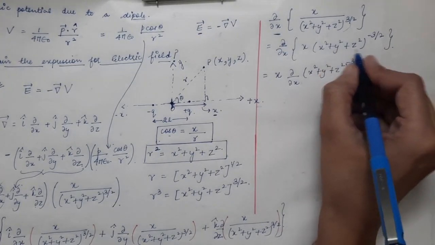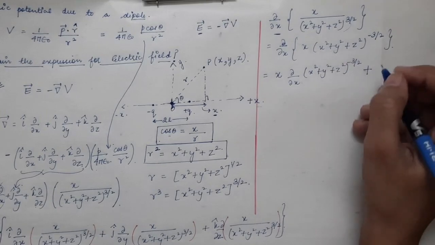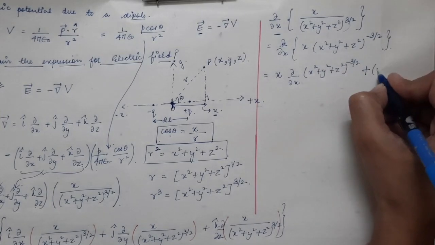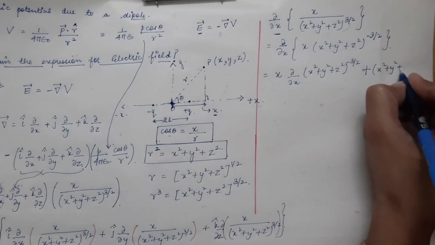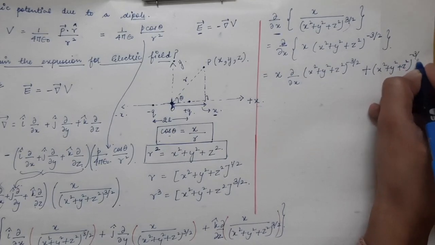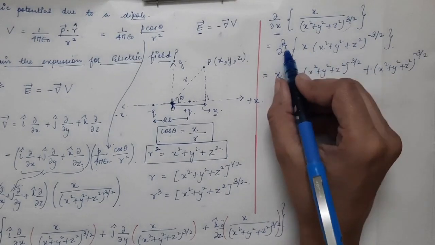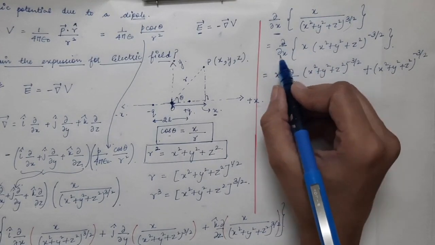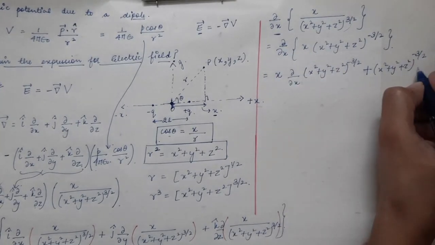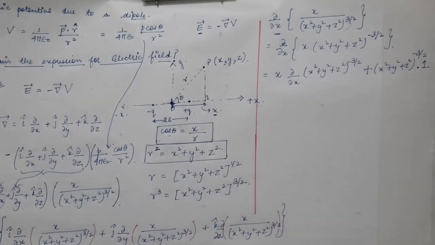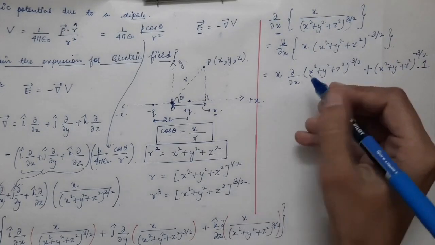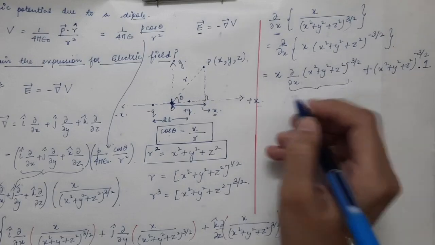Then plus second function will remain as it is, that is x square plus y square plus z square power minus 3 by 2 into derivative of first function. So partial derivative of x with respect to x is nothing but equal to 1. So multiplied by 1.